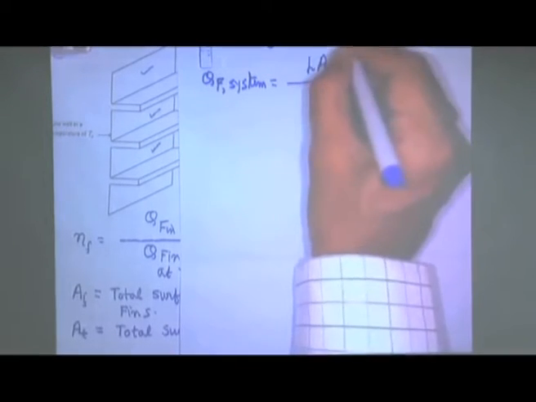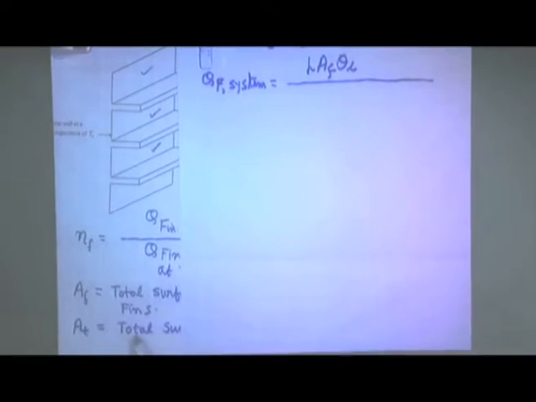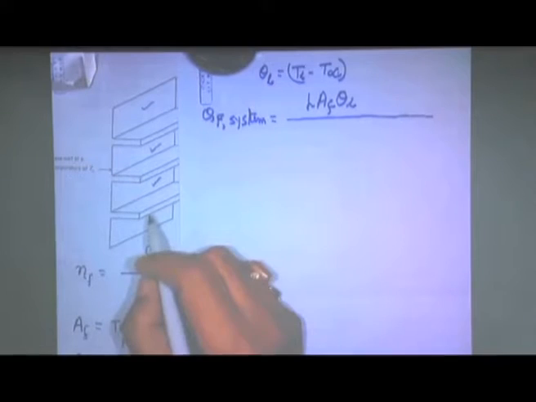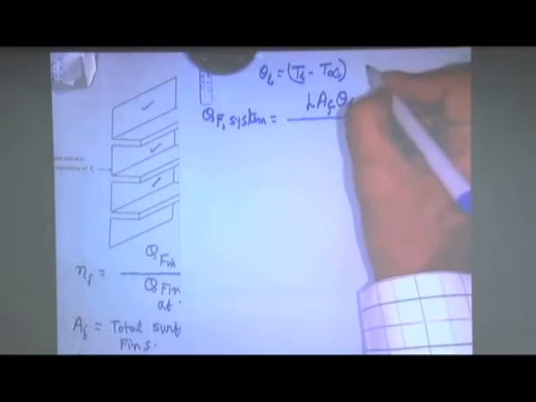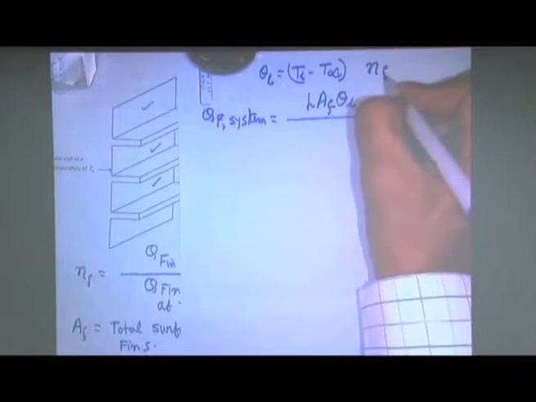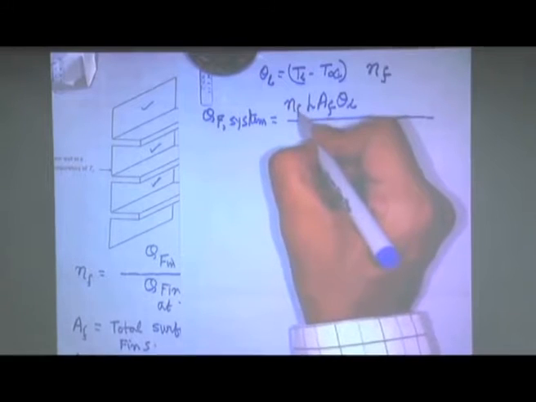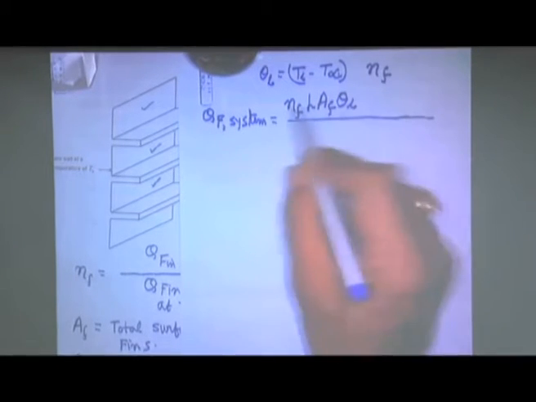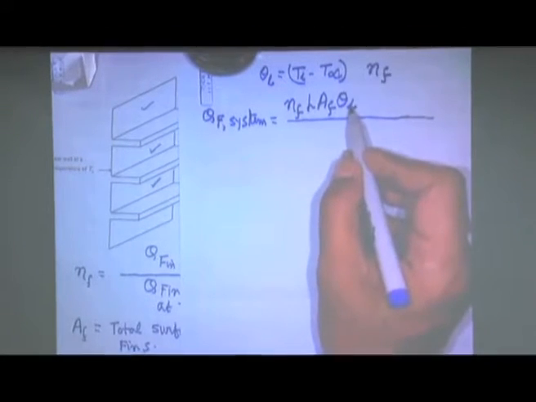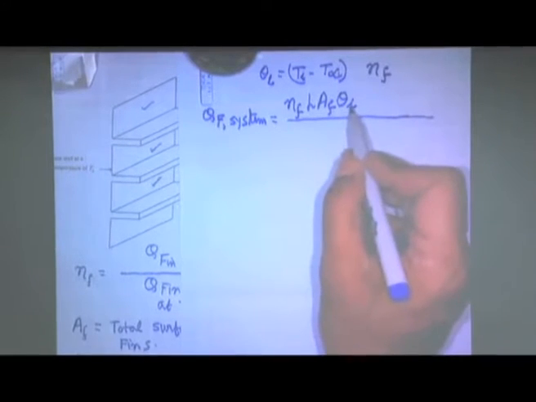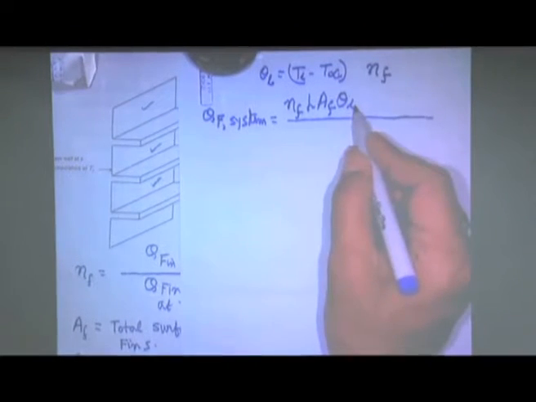Now here what I want to tell you is how we can write the efficiency of a fin array system in terms of the individual fin efficiency. If we assume the individual fin efficiency is eta F, which is constant and the same for all the fins, then we multiply this with eta F, which gives the heat transfer from all the fins. h AF theta B is considering the fin at the base temperature.